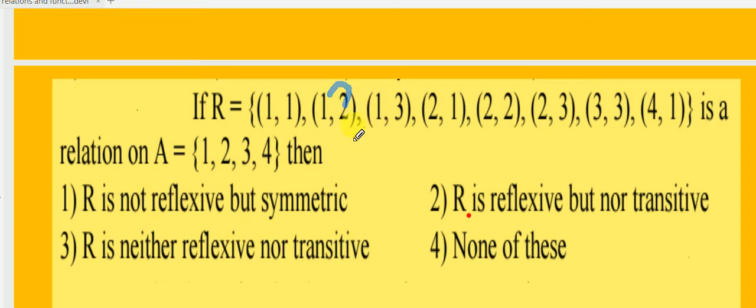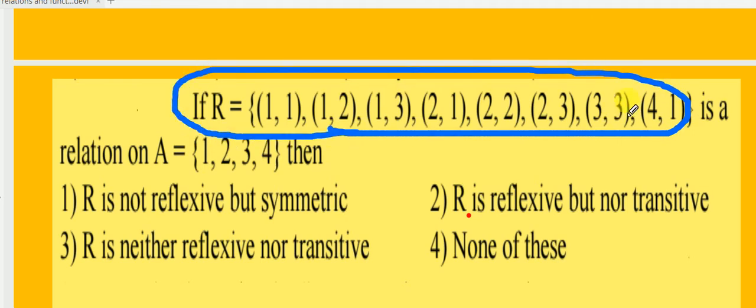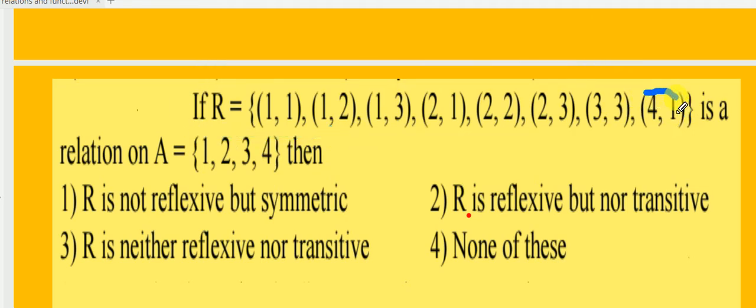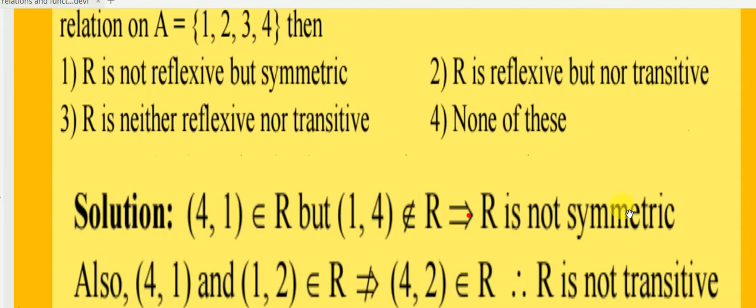But 4 is not related to 2. That is, 4 2 is not present in this set. 4 1 belongs to R and 1 2 belongs to R, but 4 2 does not belong to R. Therefore, R is neither reflexive nor transitive is the right answer.